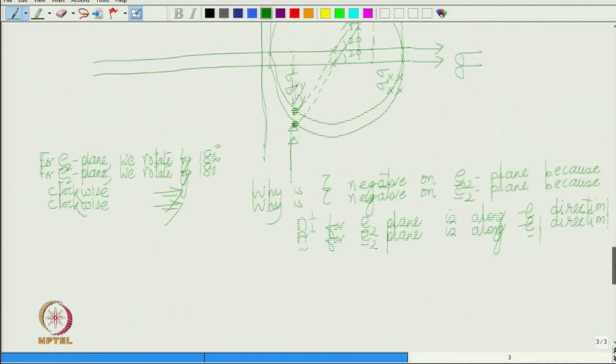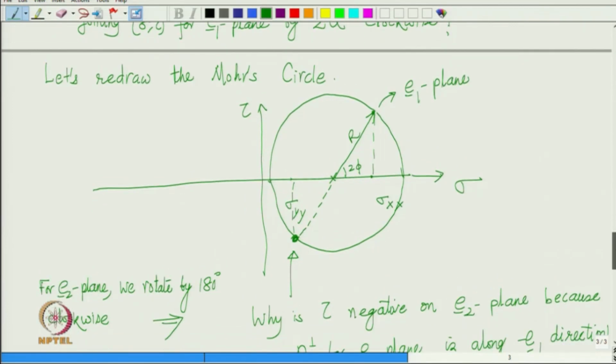So, what other things can we extract from this Mohr circle? See, what is the maximum value of sigma from this circle? Any idea? So, this Mohr circle is the locus of sigma tau on all the planes, right, for all alphas. So, among all these points, where is the maximum?